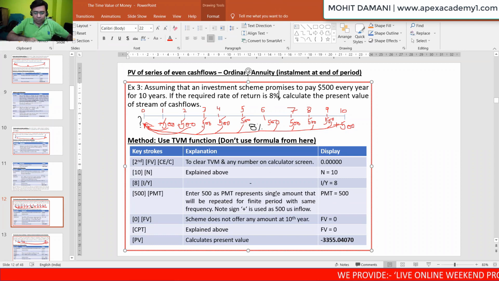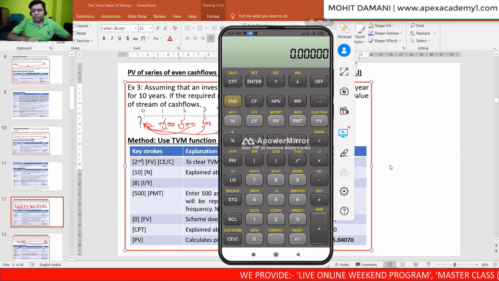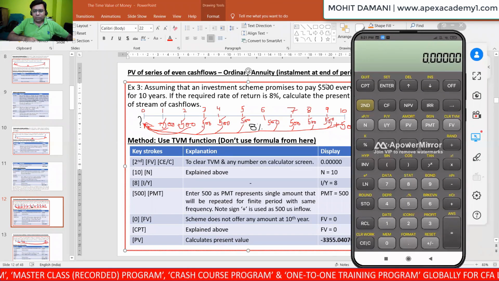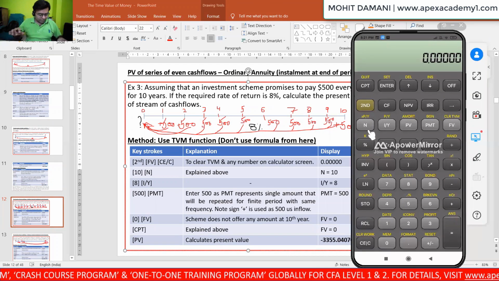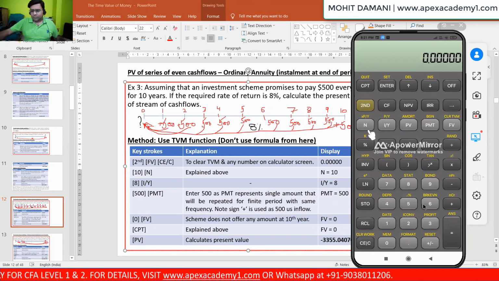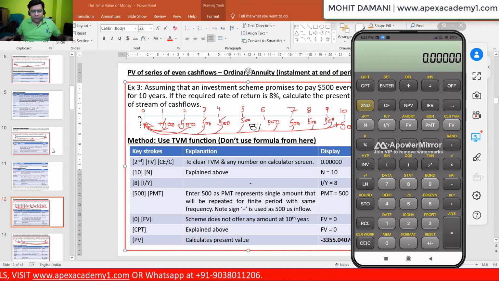Now, how to solve this on the calculator? It's very simple. N over here is 10 years, so 10 N. I/Y is 8 because it is annual, so 8 I/Y.